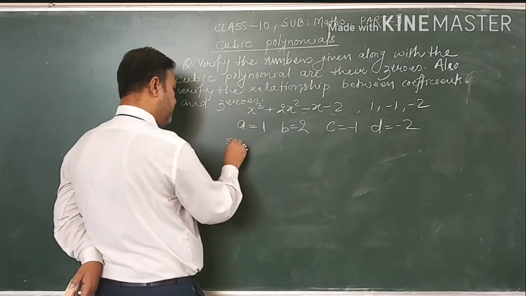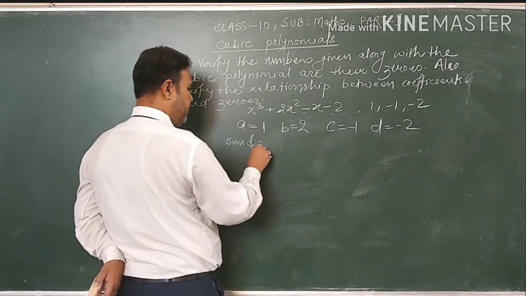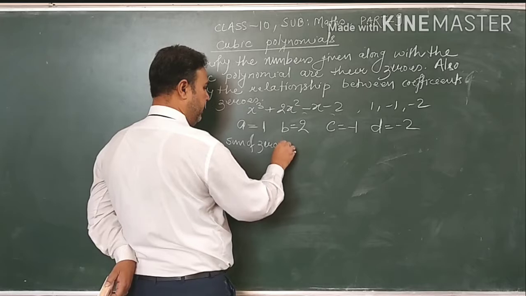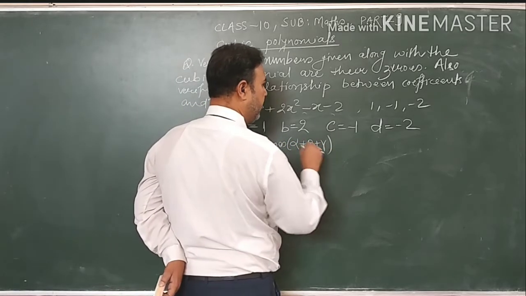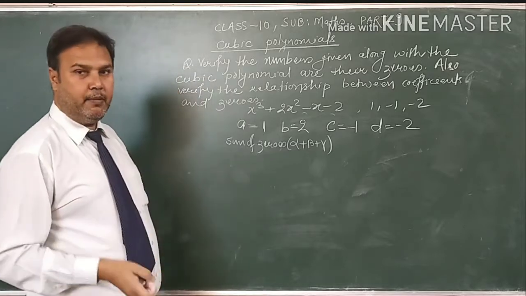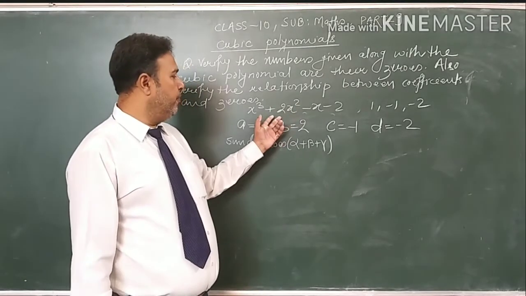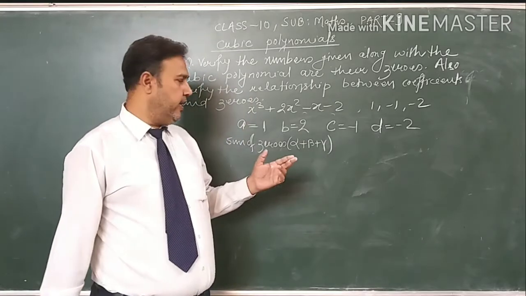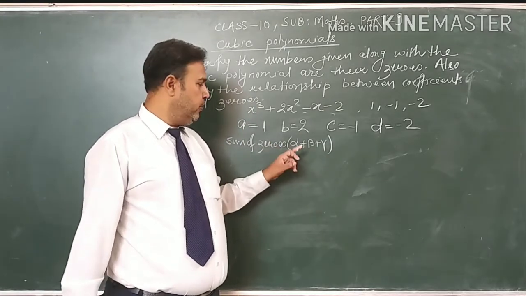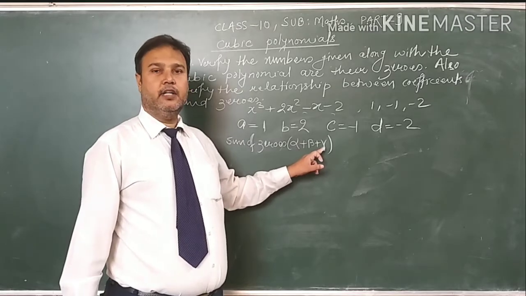Now, sum of zeros. Alpha, beta, gamma. If zeros are alpha, beta and gamma, we know in a cubic polynomial there are 3 solutions. The first one is known as alpha, second as beta, third as gamma.